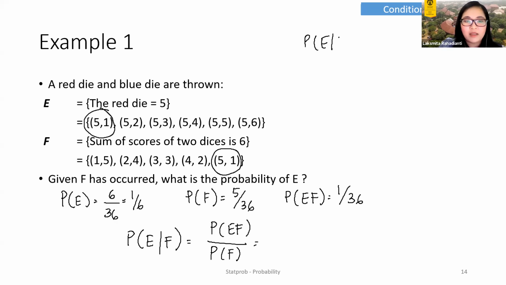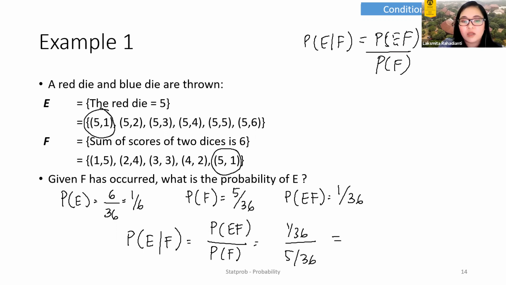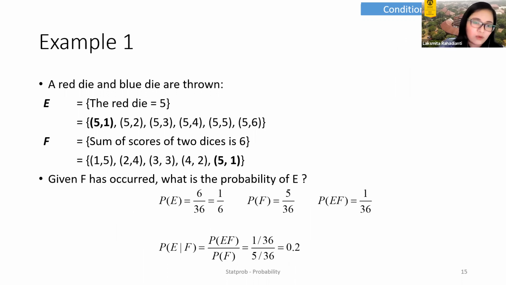I'm going to write it up on the top right corner so you know how important this is. PEF divided by PF. And here we can compute PEF. We know it's 1 over 36. We know PF is 5 over 36. And we know that the total is 1 over 5, or in other words, 0.2.